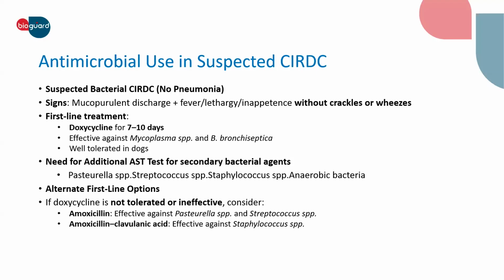Of course, if the infection is caused by Mycoplasma, then amoxicillin won't be effective. And if there is a concern about resistance genes, then amoxicillin-clavulanic acid may be an option.